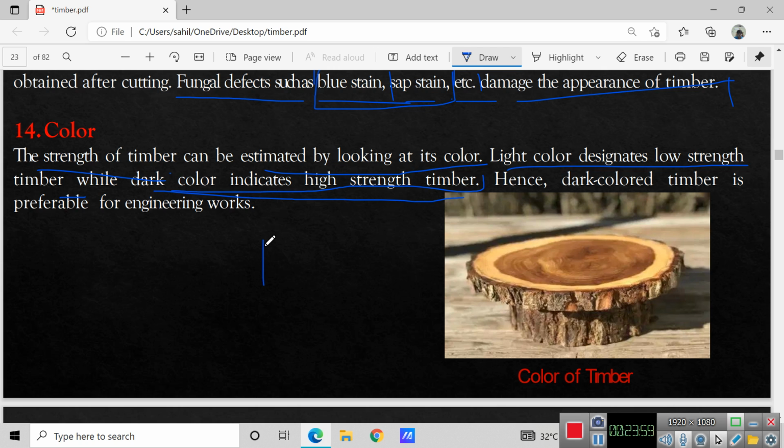Therefore high strength means dark color and low strength means light color. Hence dark color timber is favorable for engineering works.